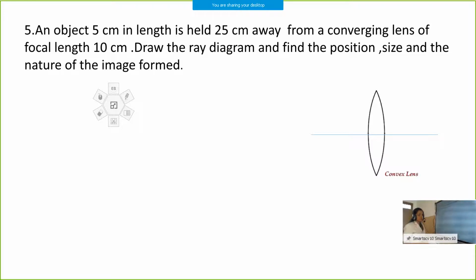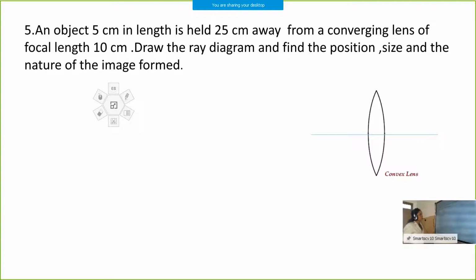Draw the ray diagram. And find the position, size and the nature of the image formed. Position, size and nature of the image formed. Finish writing.